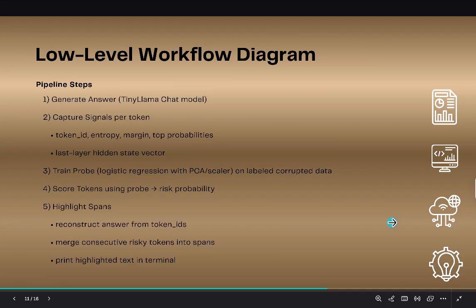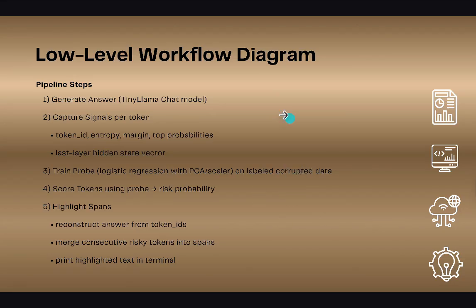Okay, next we have the low level workflow diagram. This is the step by step pipeline of how the system works. First, I generate an answer using a small chat model called TinyLlama, and while the model generates each token, I capture the signals per token, like the token IDs, the uncertainty value, and also the last hidden state vector.